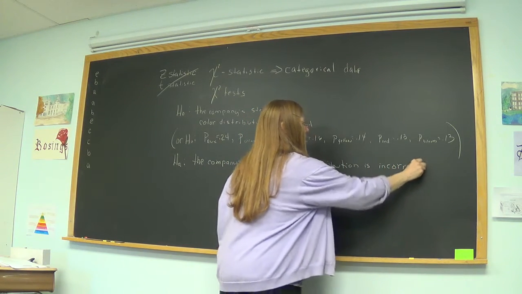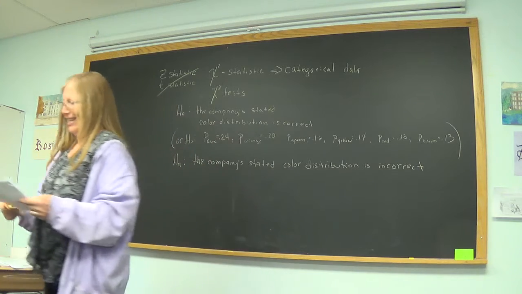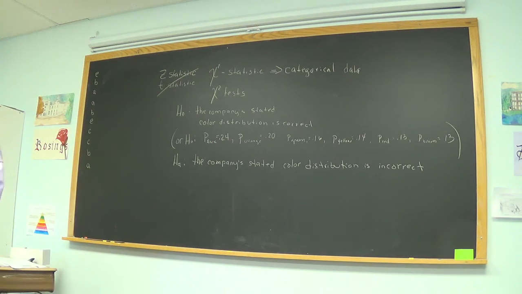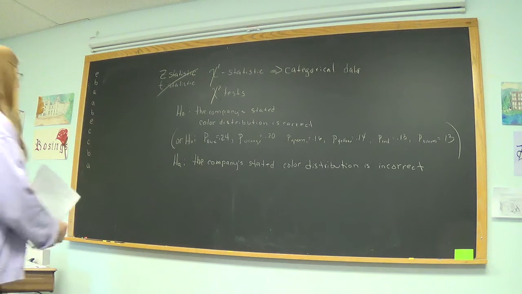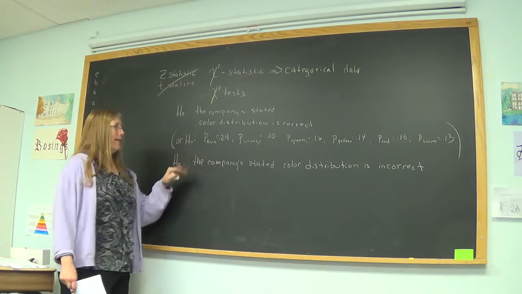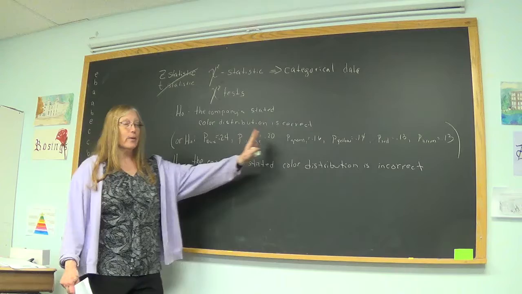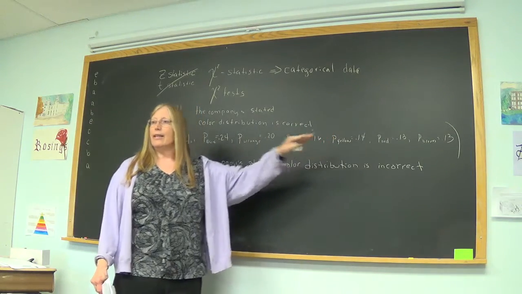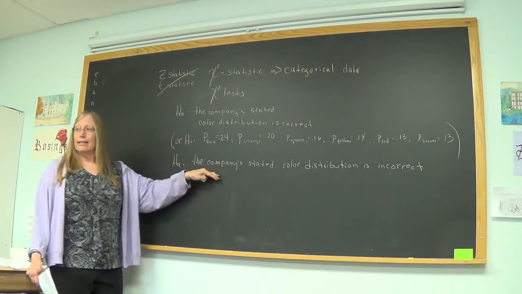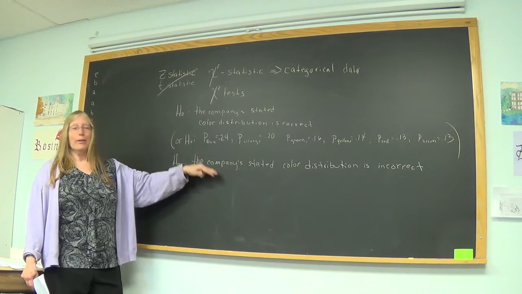Is that the correct way to say not correct? Yeah. All right, incorrect. So I don't know how I would write that with the symbols, because what this means in the alternative hypothesis is, if any one or more of these are wrong, then we can say this. So is there a way to write that with these symbols?